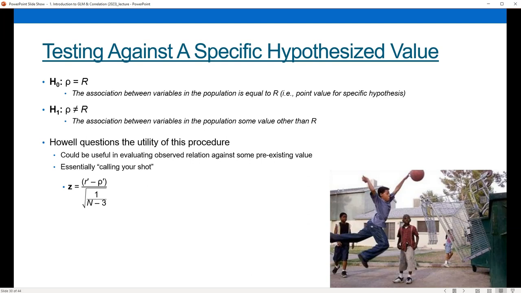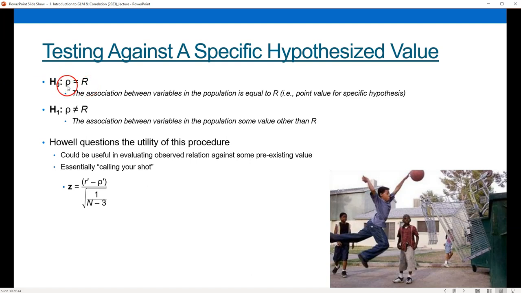Let's say that for the correlation of X and Y to really be meaningful to me, I don't care if it's not 0, because I don't care about 0. What I really want to know is whether this is greater than a value of 0.2. Okay? Easy to do. Here my null hypothesis now isn't that rho is equal to 0.